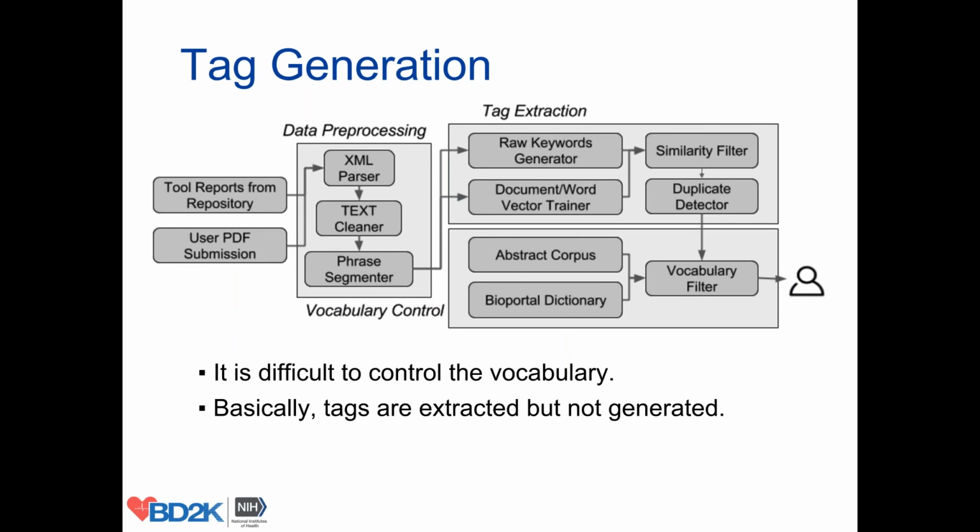Previously, we leveraged some phrase mining and keyword extraction methods to complete the tag generation task, as shown in this graph. We first convert the PDF to XML and then extract the text from the XML. We also do text cleaning and phrase segmentation in the data pre-processing part.